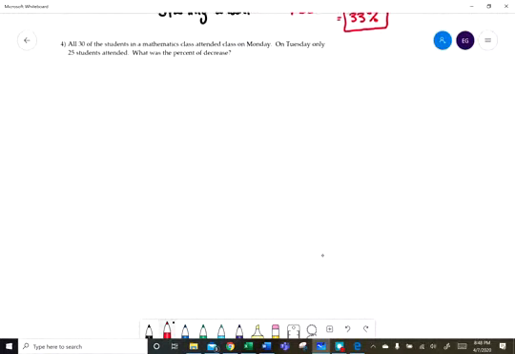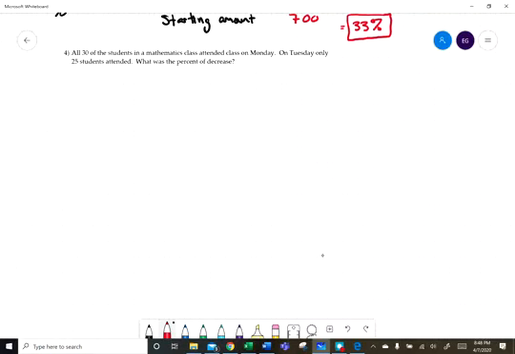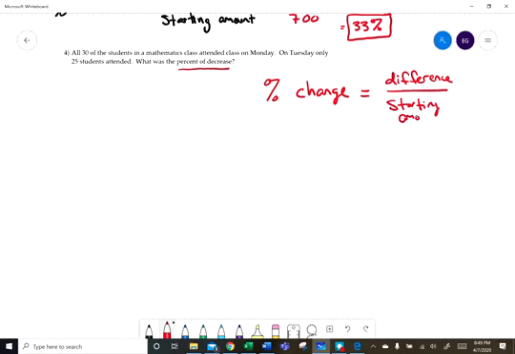Very similar problem in some ways to number 3. We're looking for percent decrease. So percent increase, percent decrease, it doesn't matter. The general formula is percent change, which is the difference divided by the starting amount.